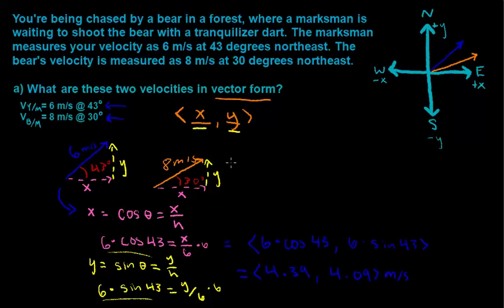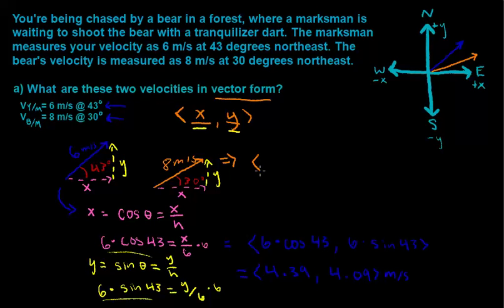So essentially we just have to do the same thing for the velocity of the bear relative to the marksman, and we can take a shortcut and go automatically to plugging in numbers in the same way that we did before, because our vector is in the same direction, the positive y and positive x direction.